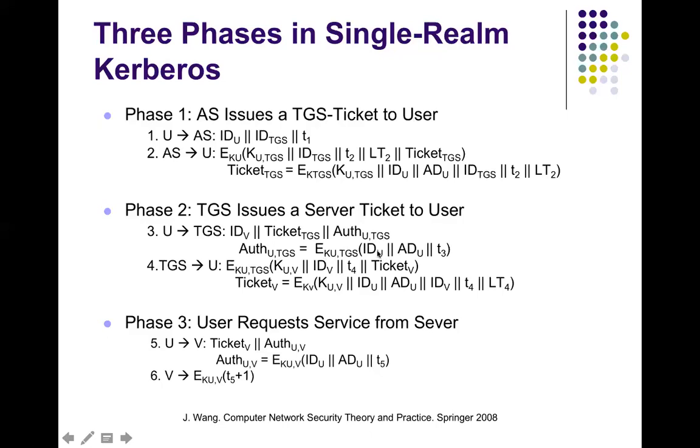So now it sees this request is from user U with a timestamp T3. Of course, if this process is successful, user U is authenticated. And in this request, there's ID V indicating the user wants to use the service provided by server V.